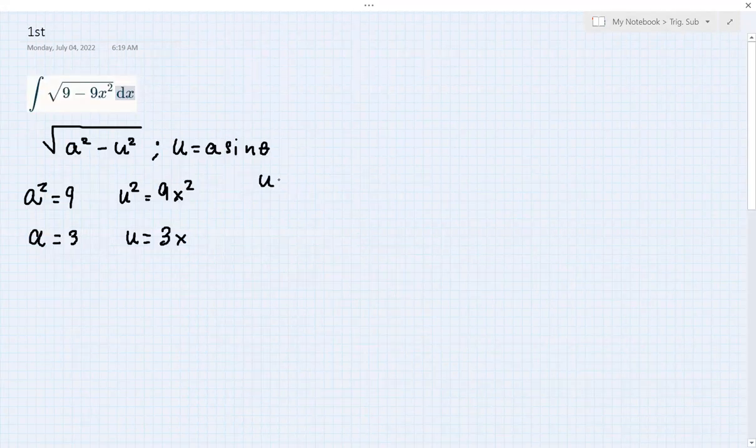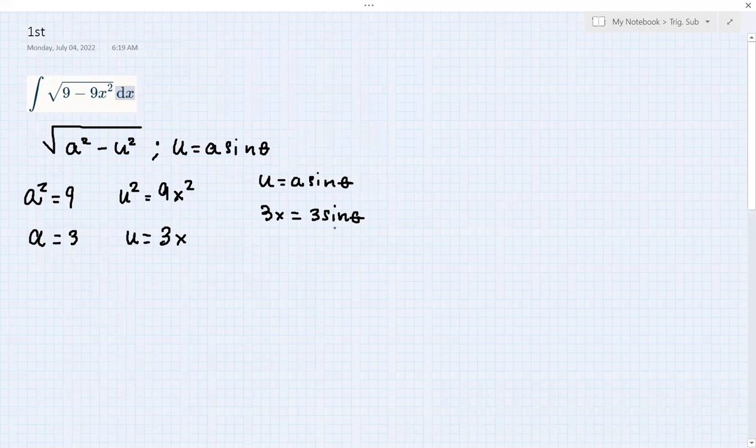Okay, let's go. Dito tayo. So let's go back here dito sa equation na to. U is equal to a times sine theta. Ang gagawin natin is let's substitute. Since your u is equals to 3x, therefore, your u will be substituted by 3x. Next, yung a. Since yung a mo is equal to 3, therefore, this is 3.